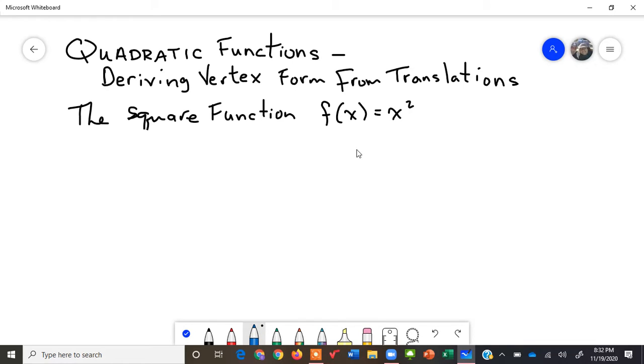So I'm going to start with this square function, and I am going to shift it right 3 units. Then I will shift it up 2 units.